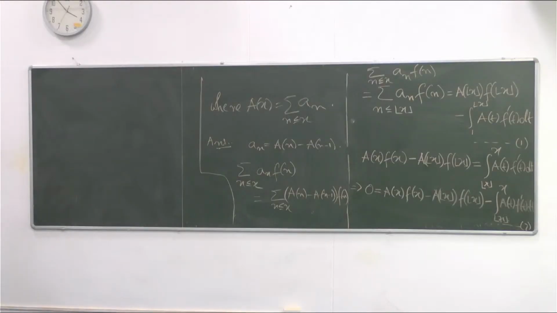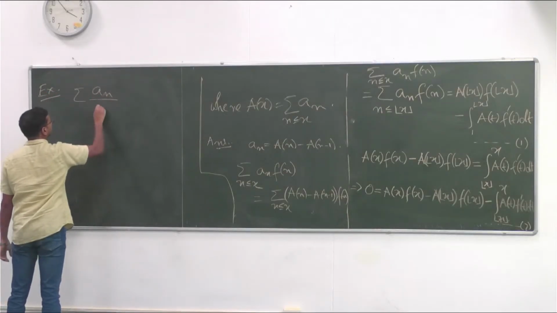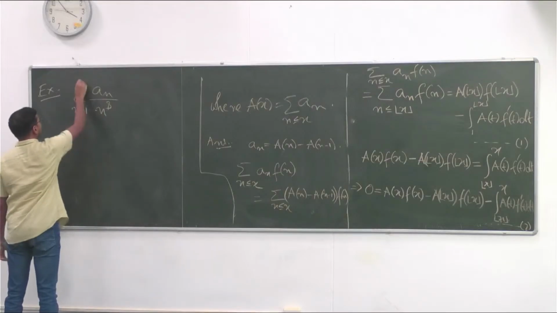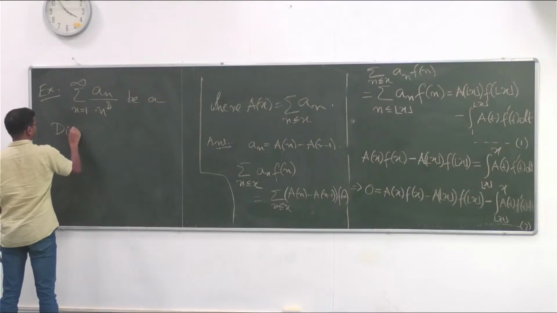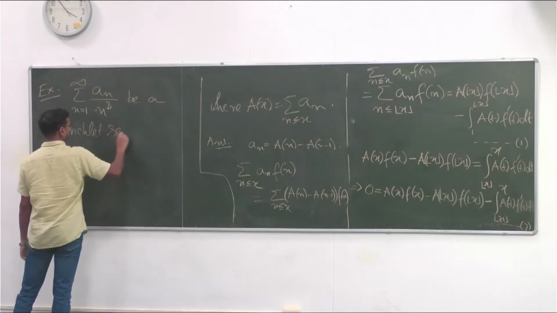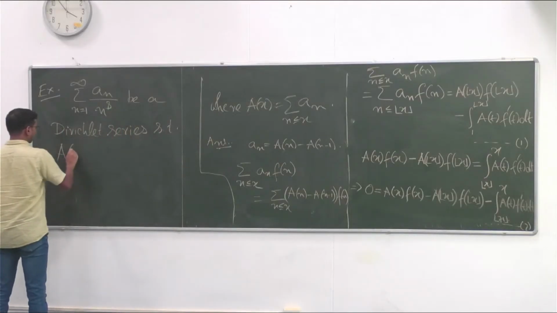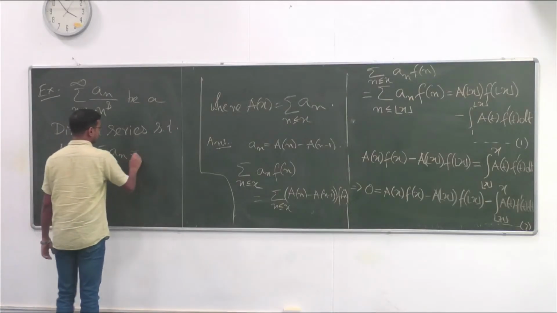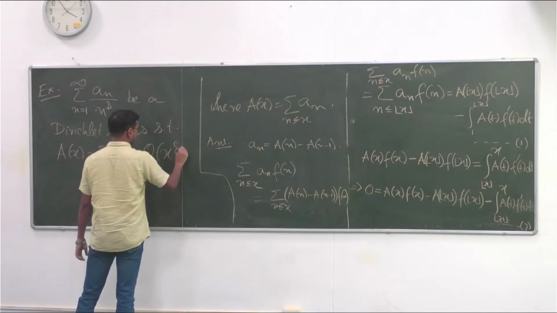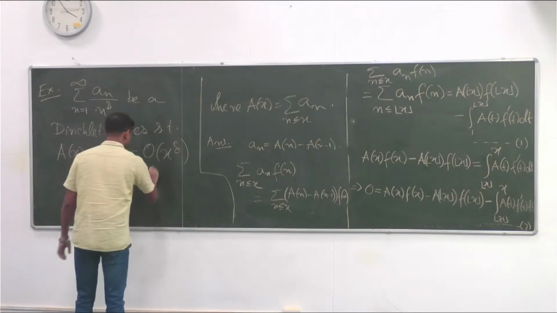So suppose now the summation a_n by n power s, n running from 1 to infinity, be a Dirichlet series such that A(x), that is the summation of a_n for n less than or equal to x, is big O of x^delta for some power delta.